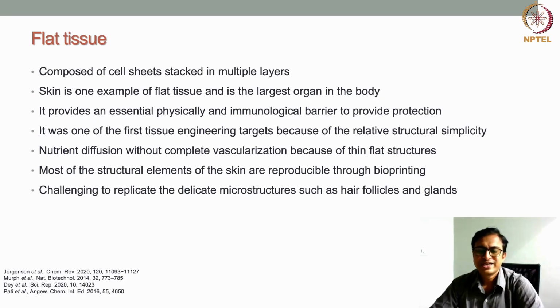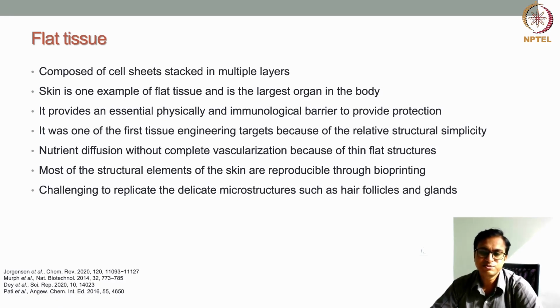So that is mostly achieved, but the challenging part that is still remaining is that a number of researchers have been working on developing hair follicles that are present on the skin, and also the different glands, sebaceous glands and sweat glands, that are present in the skin.